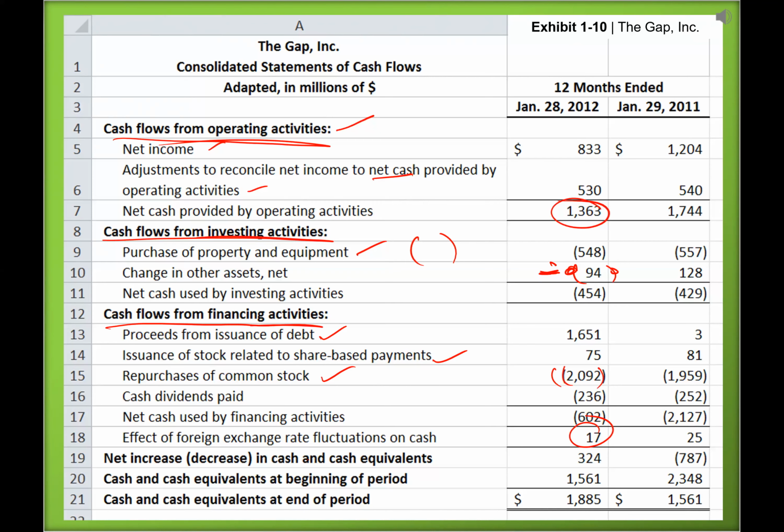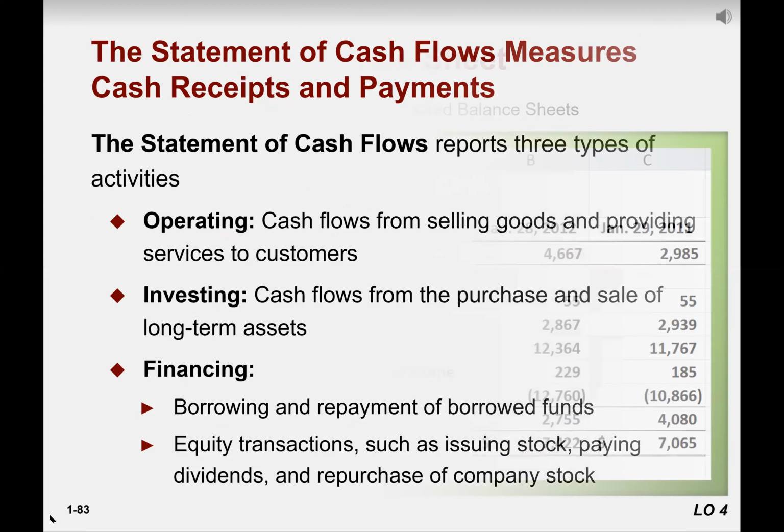So that is equal to the cash and cash equivalents on the balance sheet. 1561, you see here, that would be the value of 2012 cash and cash equivalents. Sorry, that is the beginning cash and cash equivalents. 1885. You look at that one. It also verifies your balance sheet claim as well.